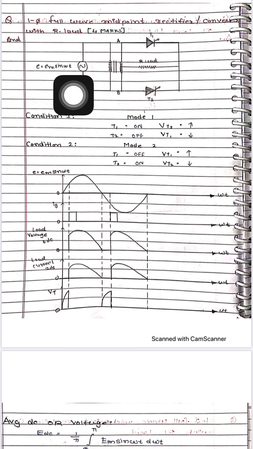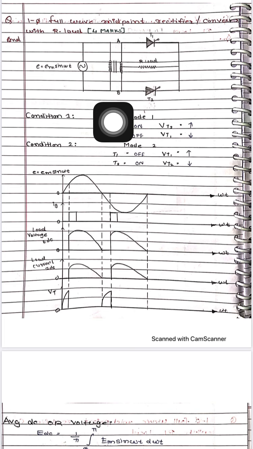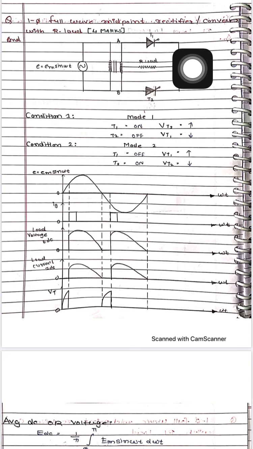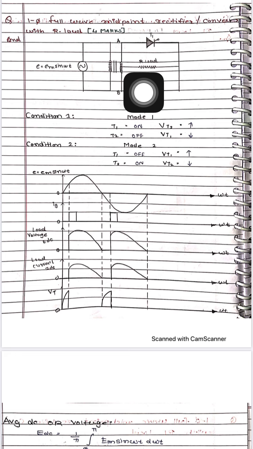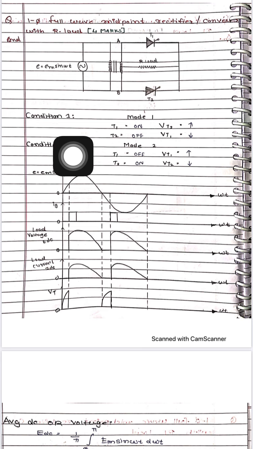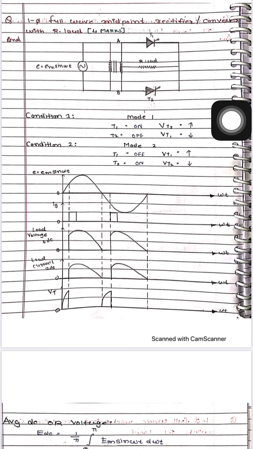So here is an AC supply, V or e m is equal to Vm sin omega t. There is a transformer, and after that 2 thyristors connected in such a manner that they turn on and off alternately. In the previous half wave there were only 2 modes of operation.